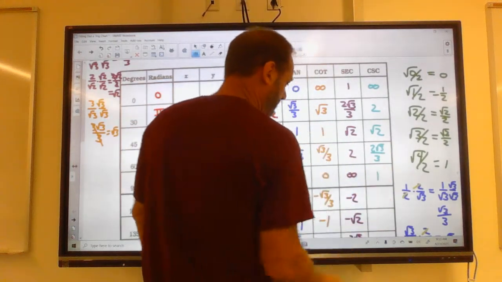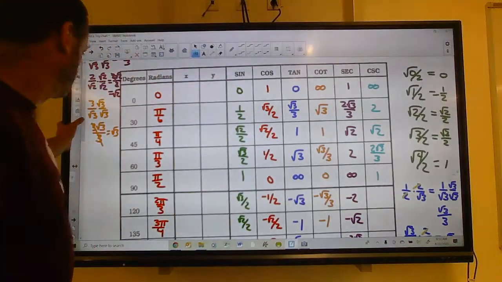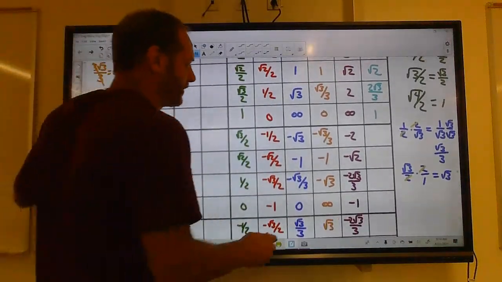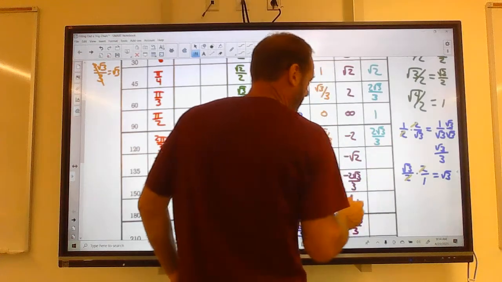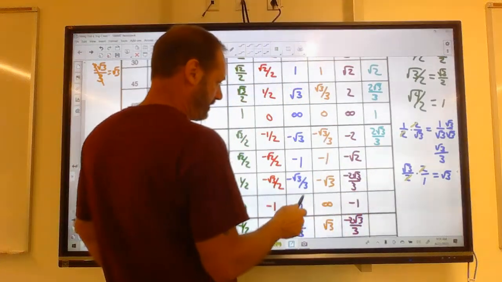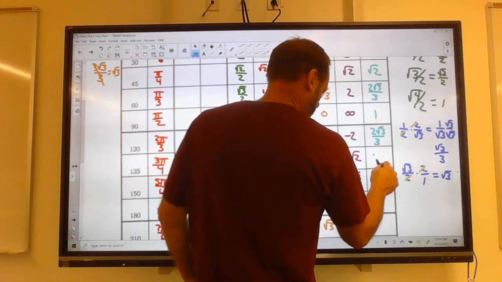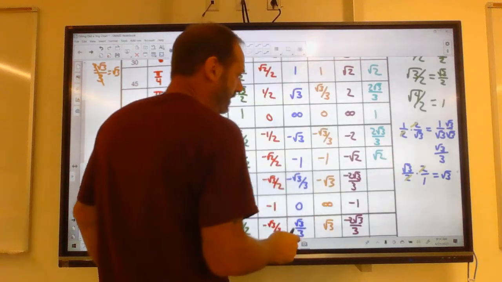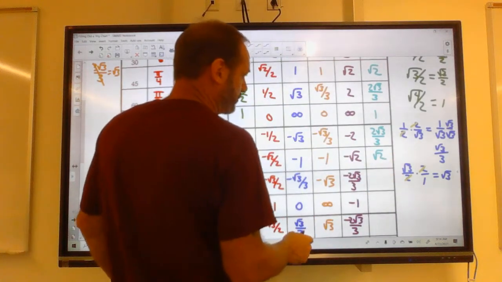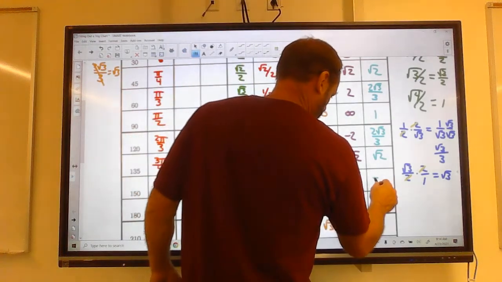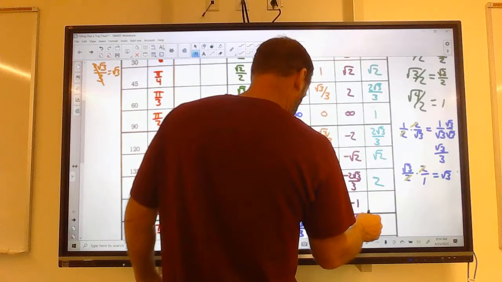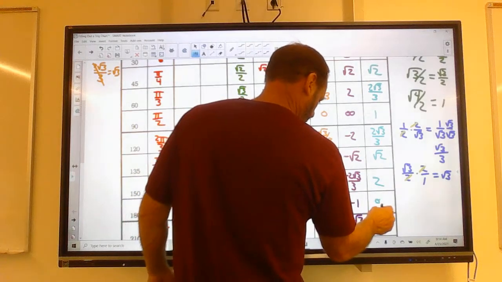And this is going to be 1. And then this is going to be 2 square root of 3 over 3. This is going to be square root of 2. This is going to be 2. And then this is going to be infinity.